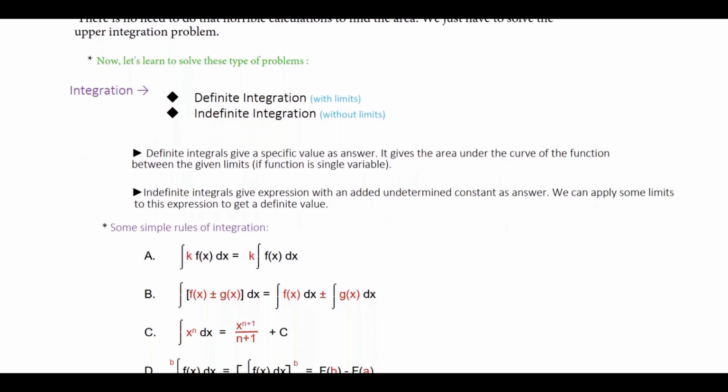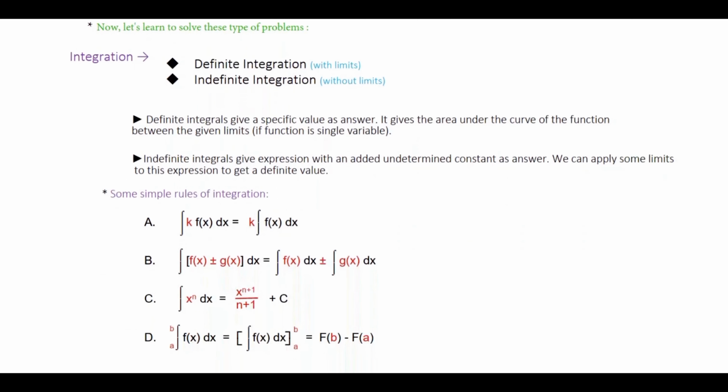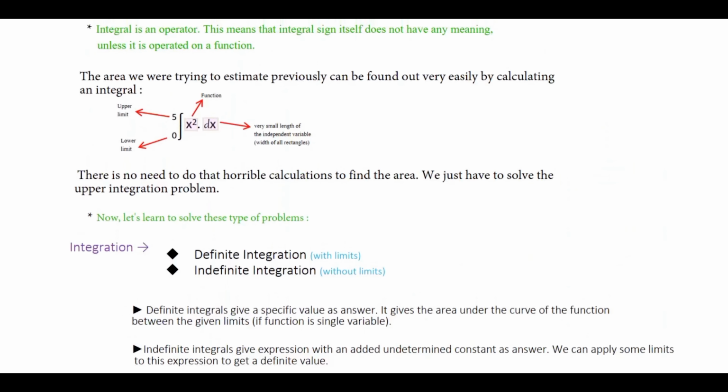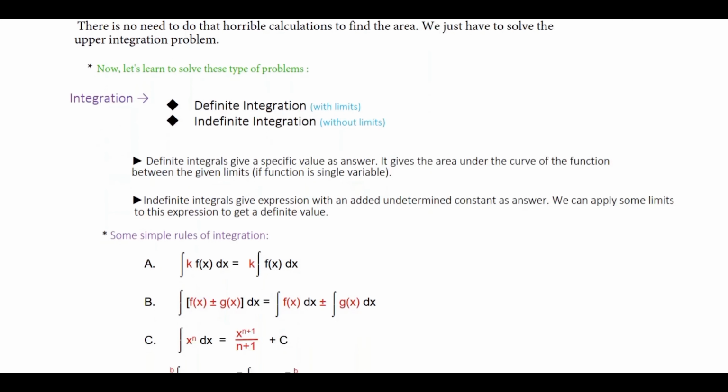Now let's see how to solve these types of integrals. Actually, integration is of two types. First is definite integration and the second is indefinite integration. Definite integration is the one which has some limits, and indefinite integration does not have any limits. The answer of any definite integral gives us a specific value.